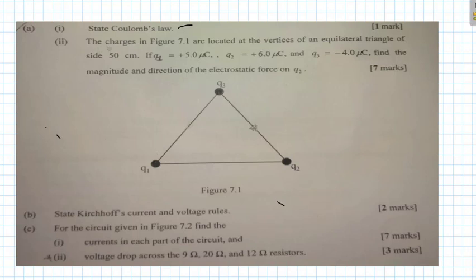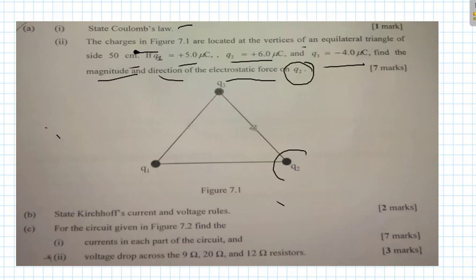Number 2 says the charges in figure 7.1 are located at the vertices of an equilateral triangle of side 50 centimeters, with Q1 that, Q2 this, Q3 this. Find the magnitude and direction of the electrostatic force on Q2.